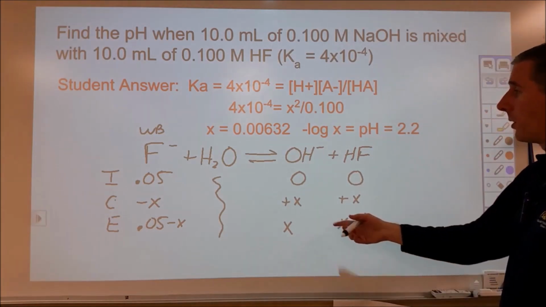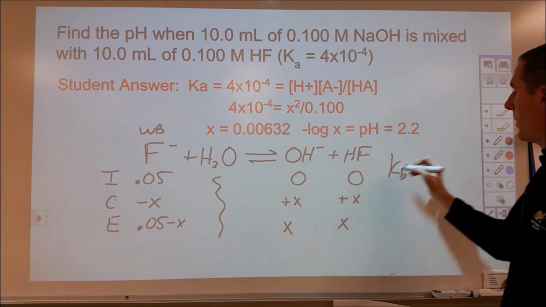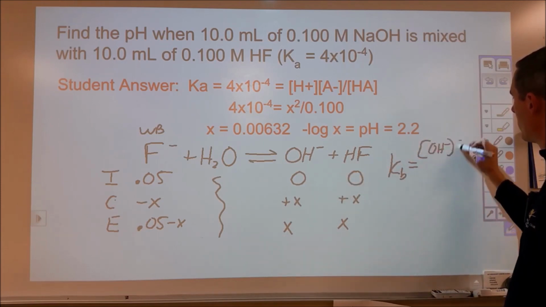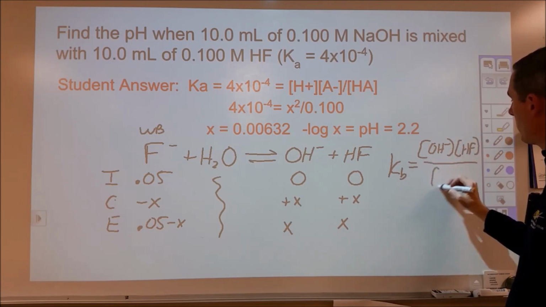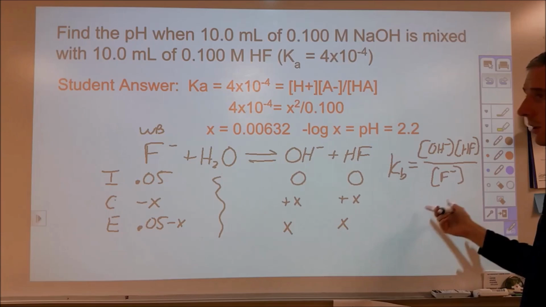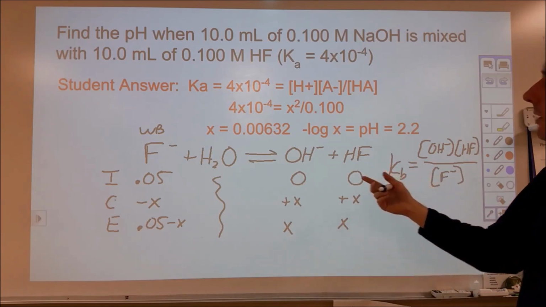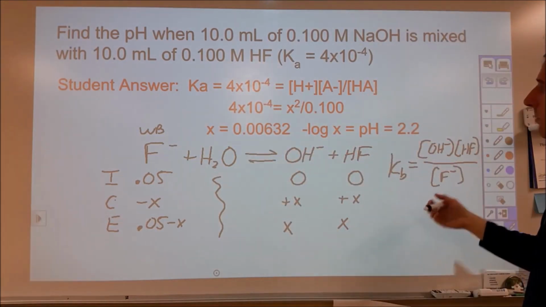So now, when we look at our K expression here, we're looking at a Kb expression for the base, and that's going to be equal to my product concentrations over my reactants. Keep in mind that water is a liquid and is omitted from the expression. So here I don't know my Kb, I know my Ka for hydrofluoric acid, I need to know my Kb for the conjugate base.